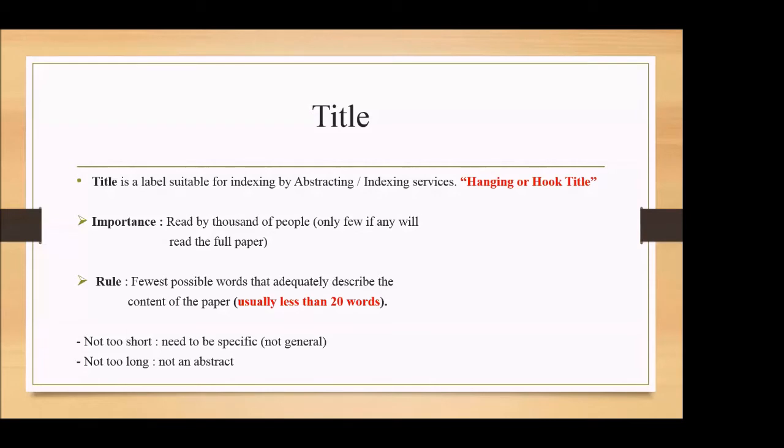For example, if my paper is about, let's say, maybe hearing impairment students, okay? So that means that this is my title that I'm looking for, okay? So for example, listening for hearing impairment students.